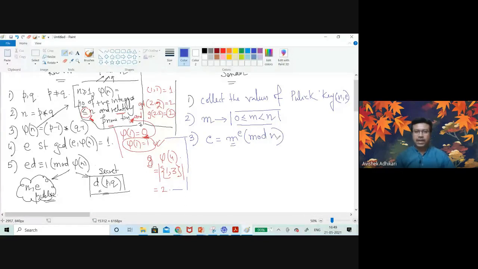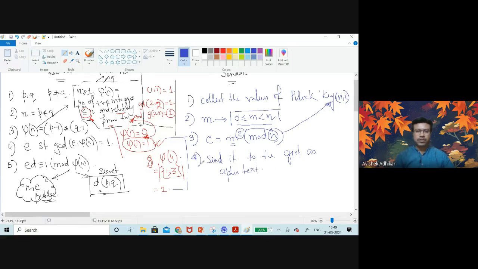N and E are the public keys, so he has already collected them. So he will just compute M to the power E modulo N. Whatever is obtained will be sent to the girl as the ciphertext.